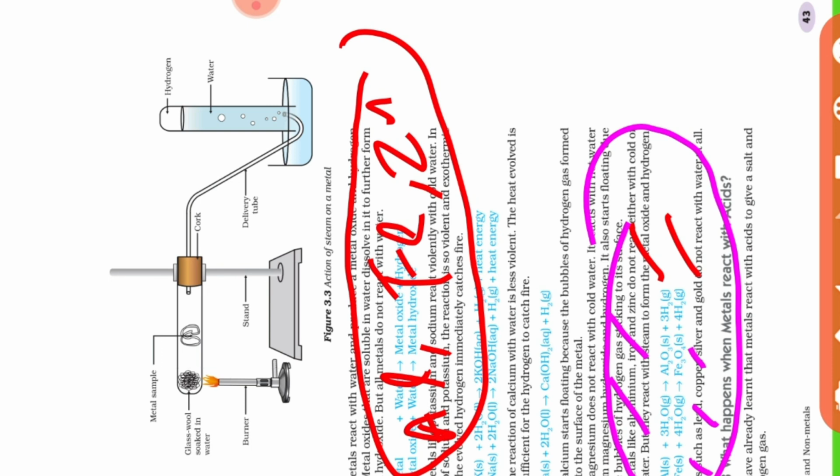I am repeating once again what I told you. Sodium and potassium are highly reactive with cold water, and they can catch fire also. Then calcium reacts with cold water, but less violently, and it can float over the water. Then magnesium cannot react with cold water, it will always react with hot water, and it also starts to float over the water.